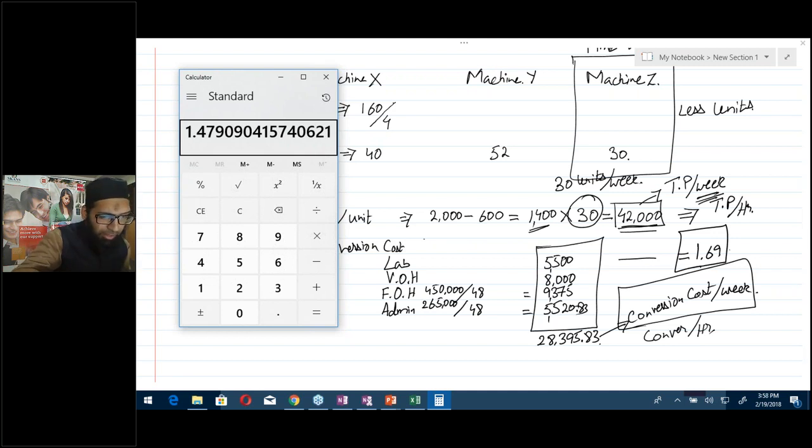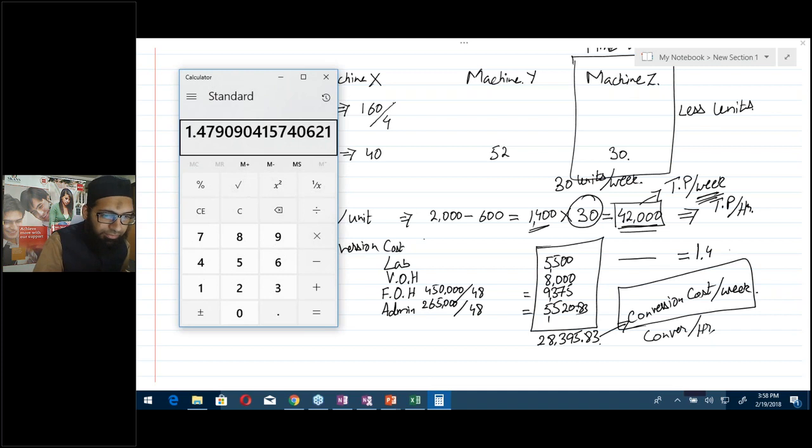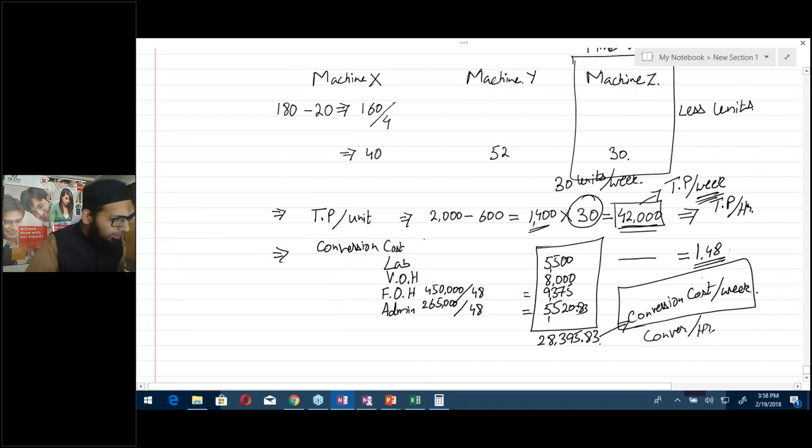I should have divided 42,000, and rather by mistake I have divided 48,000. So the answer will be 1.48. Yes, there are a couple of students who have picked up my mistake. It was just a calculation error.